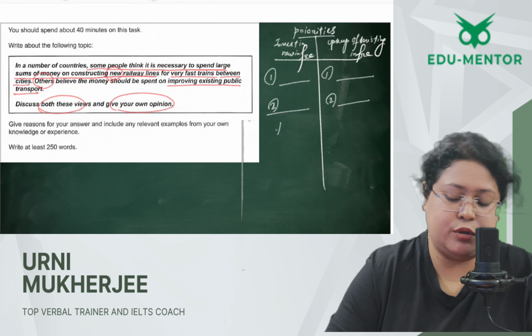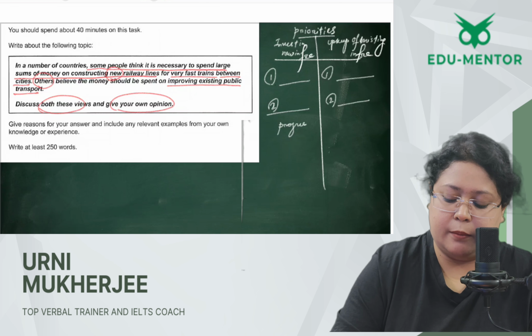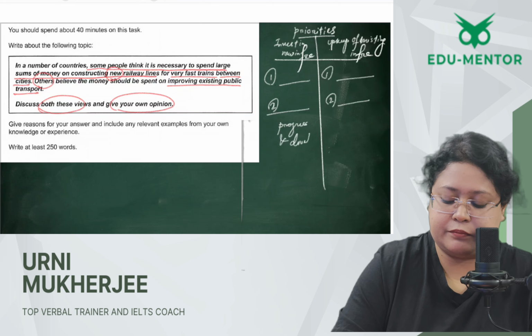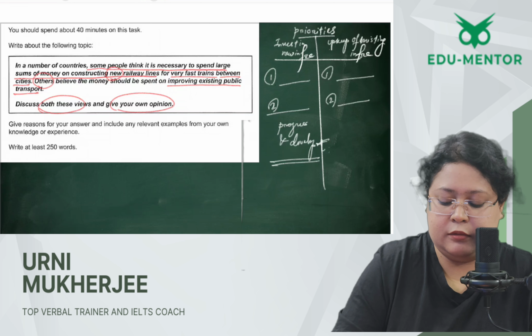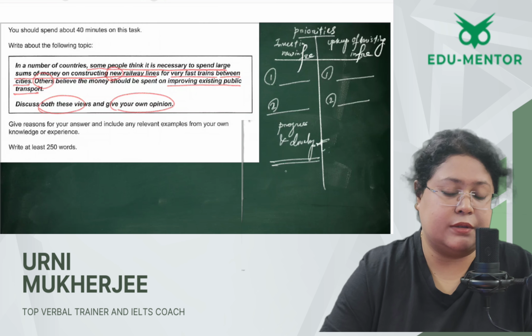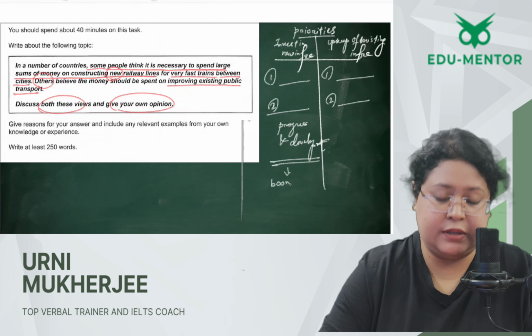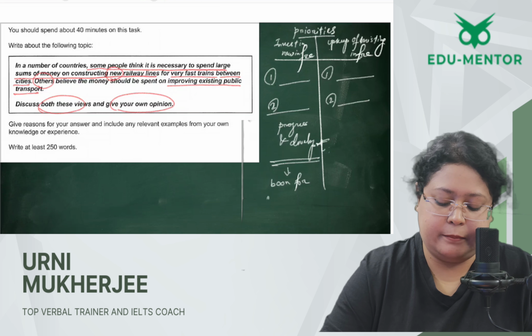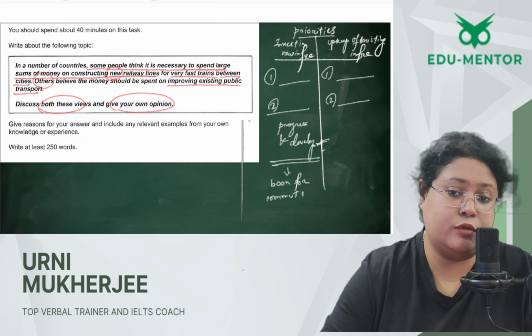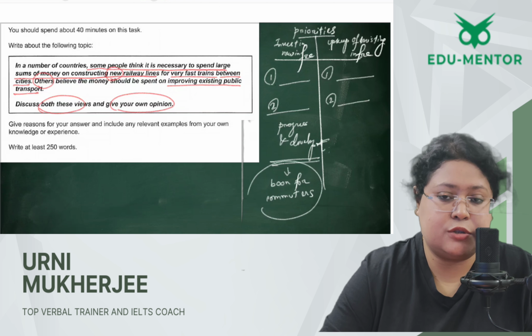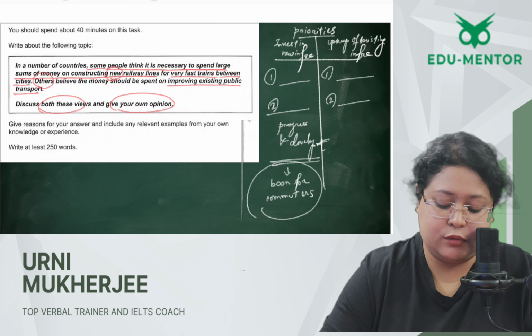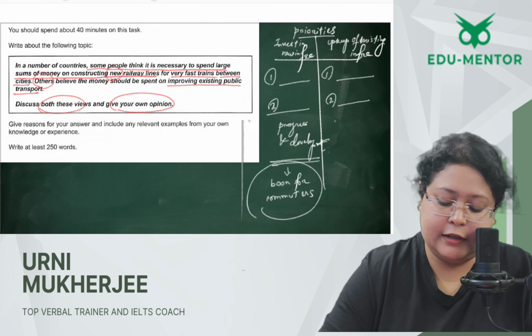You can definitely come up with the progress viewpoint. How you feel progress and development should happen, right? And how you feel that faster trains between the cities would be a boon for all those who are traveling for professional reasons, for other reasons, who are commuting between cities. It'll be a blessing for them.